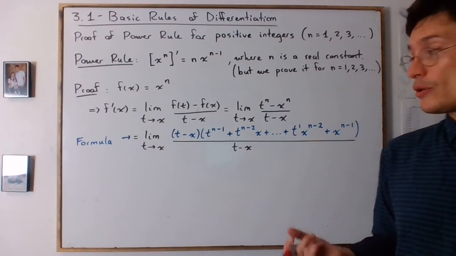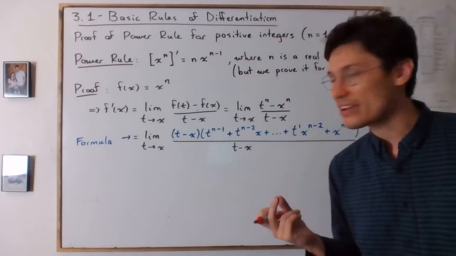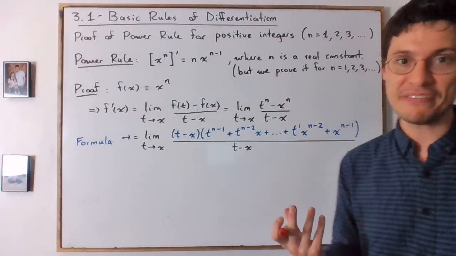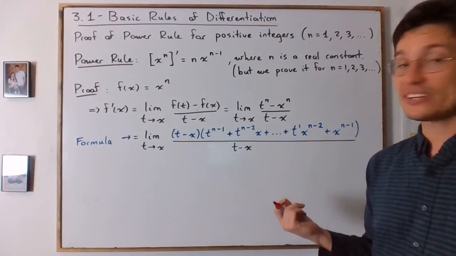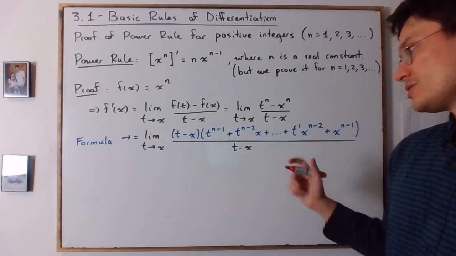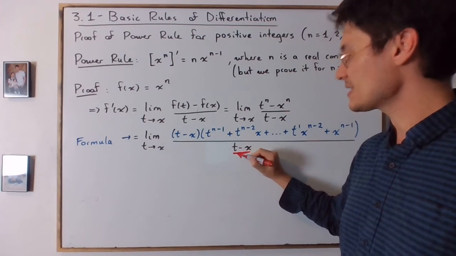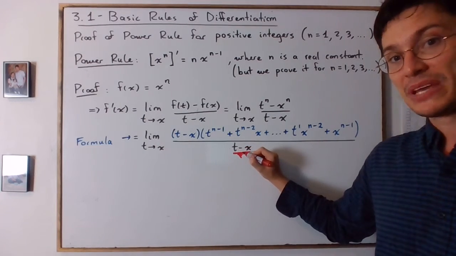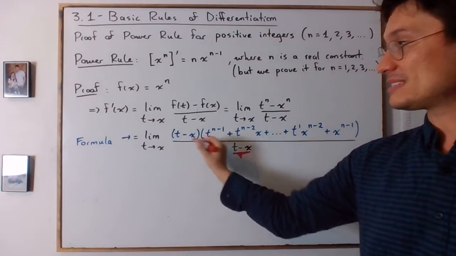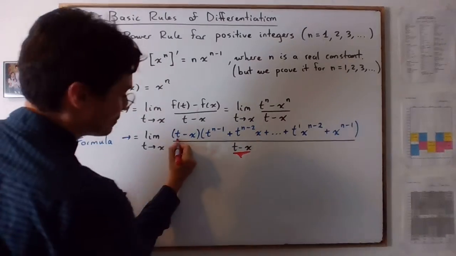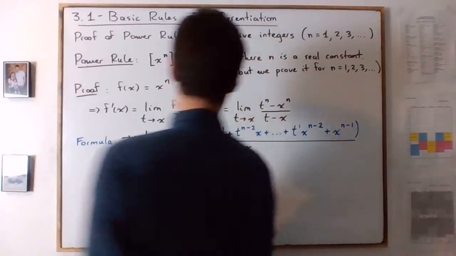At this point, remember that when you're solving a limit, and in particular a derivative, your goal is always to cancel a redundant factor. So you know right from the start that what you want to do is cancel this t minus x. You can, because there's this t minus x at the top that you can use to cancel the redundant factor.